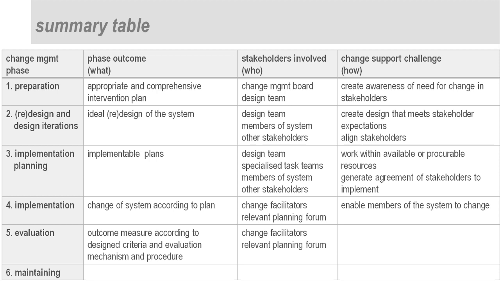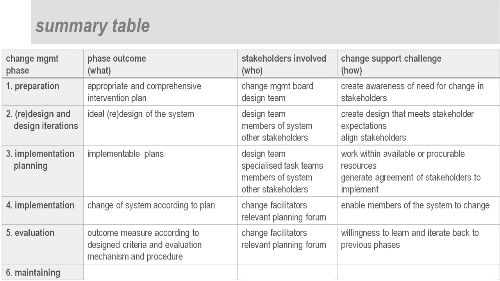The support challenge of this phase is the willingness to learn from the implementation phase and the outcomes that were achieved, and if outcomes were not achieved as intended, to be willing to iterate back to a previous phase to change the plan and then implement again.